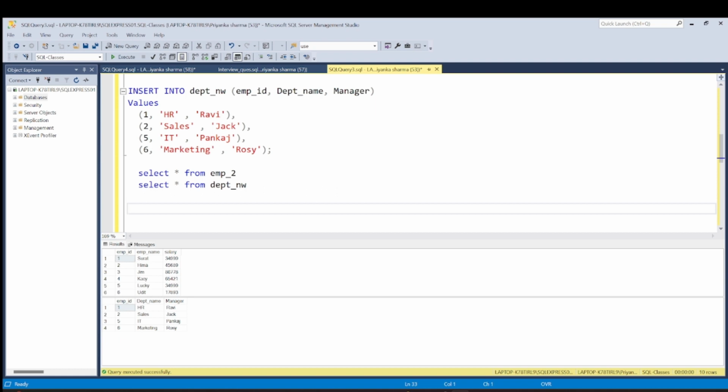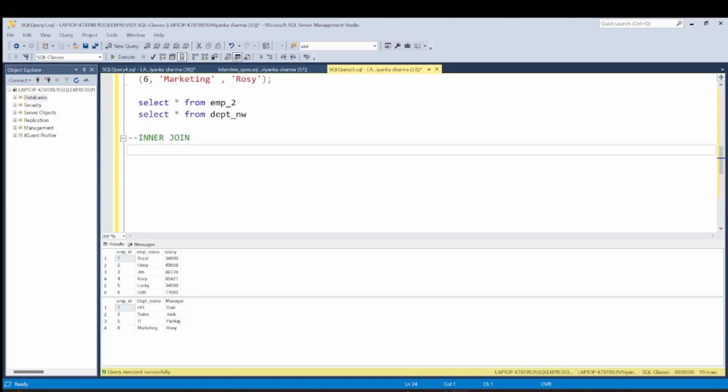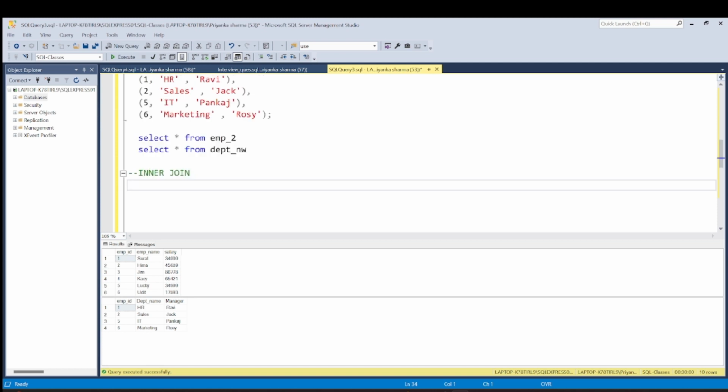Now let's perform joins. So firstly let's do the inner join. Okay, if you have not created these tables, please create them. So for the inner join, firstly we will write select all from employee 2.